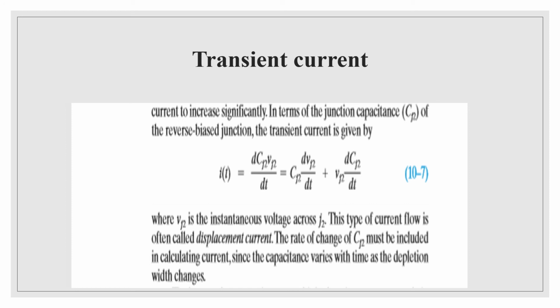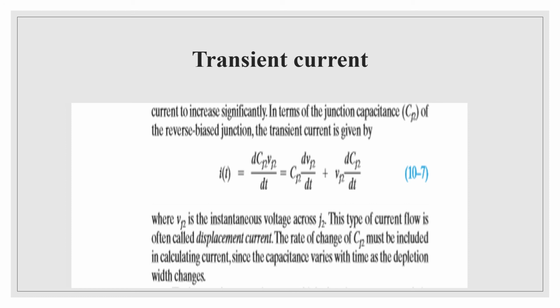If dV over dt is large, however, the rate of charge removal from each side of J2 can cause the current to increase significantly. In terms of junction capacitance, that is junction J2 capacitance, represented by CJ2, the transient current is given by this equation. Here you can see current I is d by dt of CJ2 times the voltage applied across junction J2.